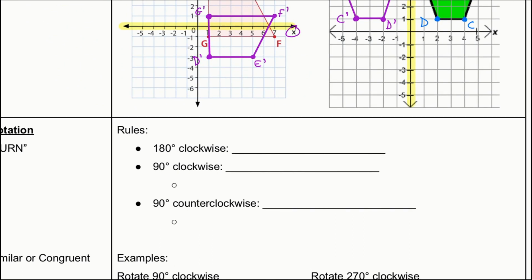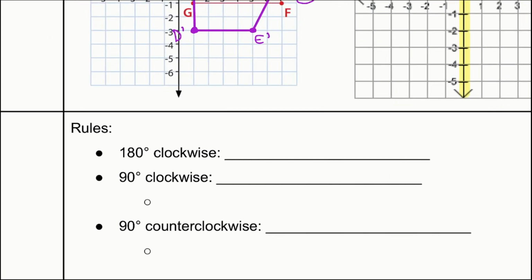So our rules for a 180 degree clockwise rotation. And again, I'm going to set up my pre-image of X and Y. What's going to happen is if you're going 180 degrees, you're just using the opposite of whatever those ordered pairs are.